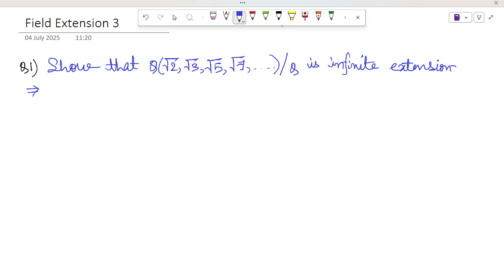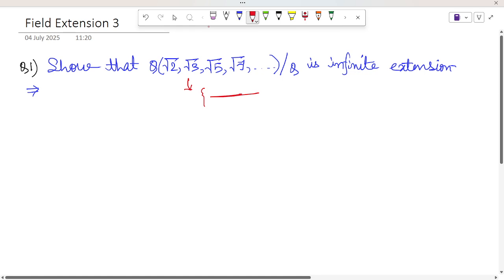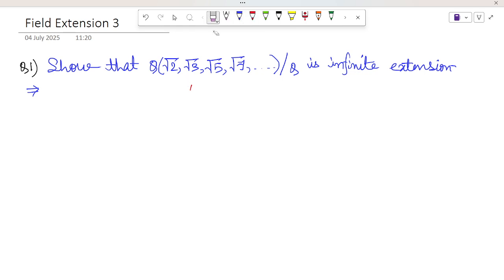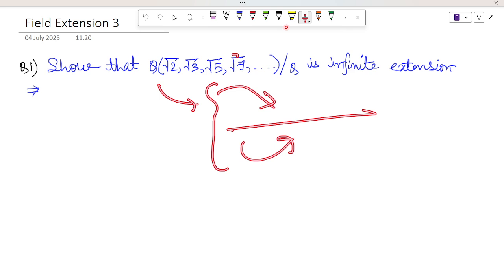I remind you what this thing is. These are polynomials in these square roots. What is this? This is a fraction where the numerator and denominator both come from the polynomial ring.